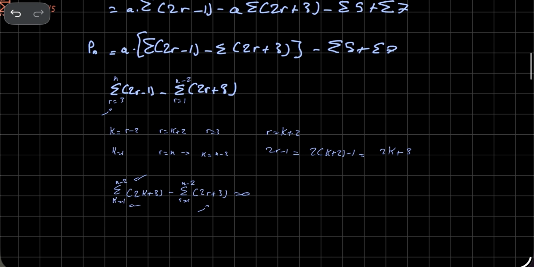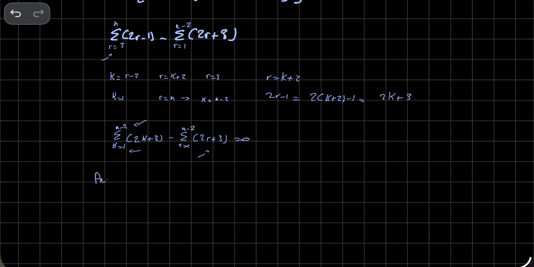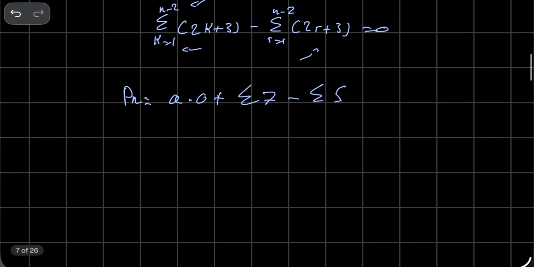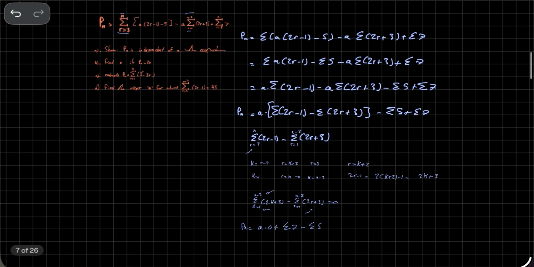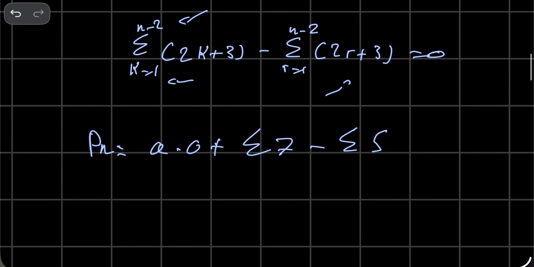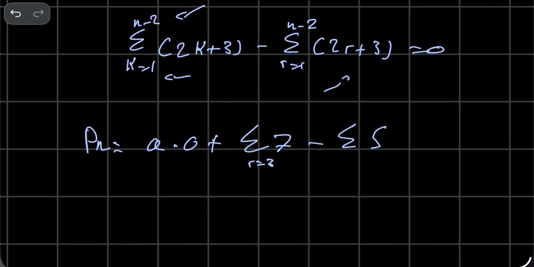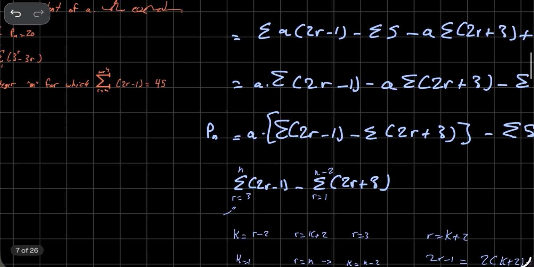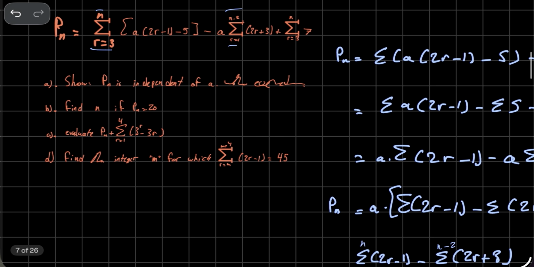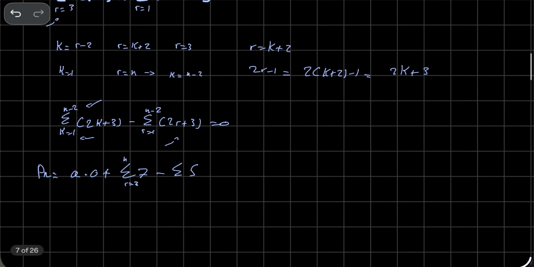Therefore Pn equals a times 0 plus sigma 7 minus sigma 5. Now for sigma 7, the index is where r equals 3 to n, and for sigma 5, it was r equals 3 to n.